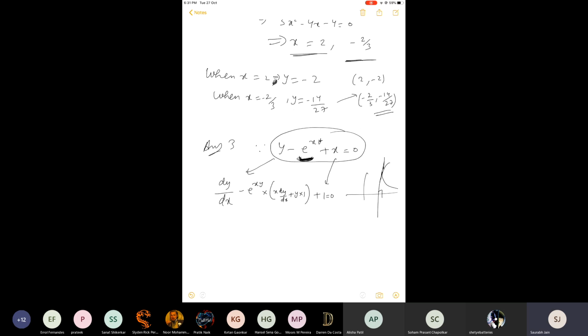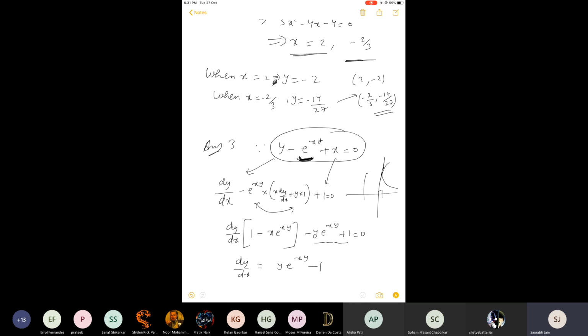So let us collect the terms having dy by dx. It is dy by dx into 1 minus x into e to the power xy. Then this term, minus y into e to the power xy plus 1. We will shift these two terms without dy by dx to the right hand side, so y e to the power xy minus 1.